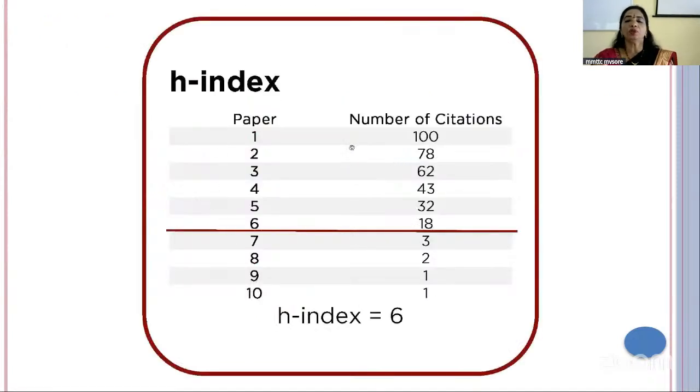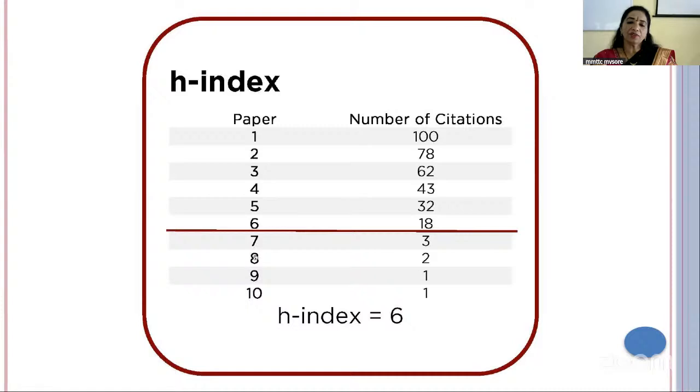Okay, so I'll give you an example. Let me consider one person who has published 10 papers. The first paper has been cited 100 times, the second paper 78 times, the third 62 times, the fourth 43 times, the fifth 32 times, and the sixth 18 times.